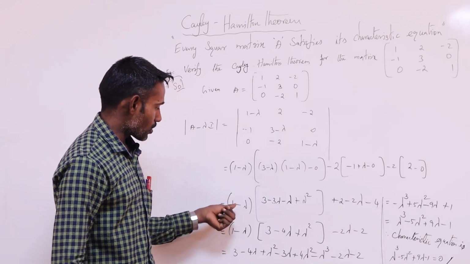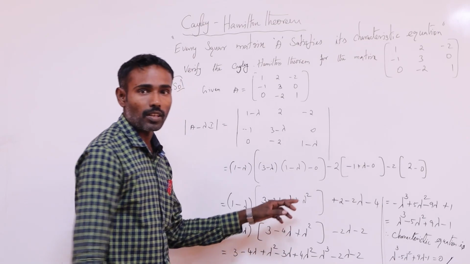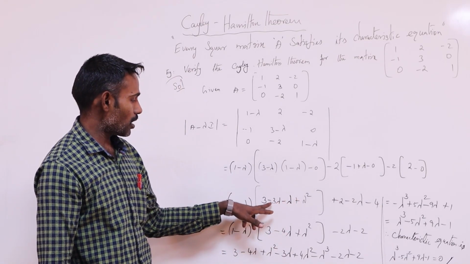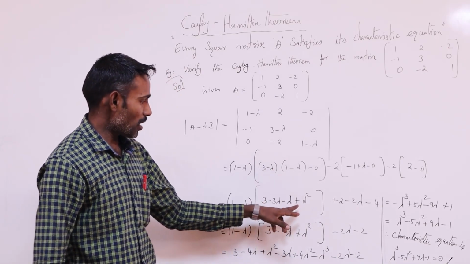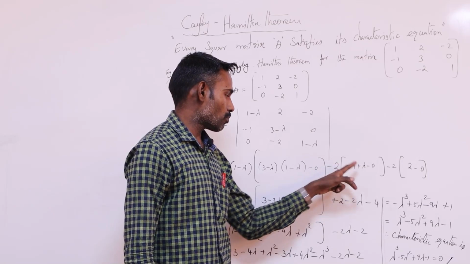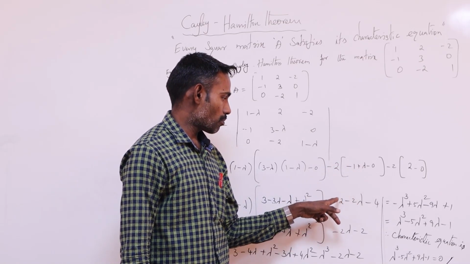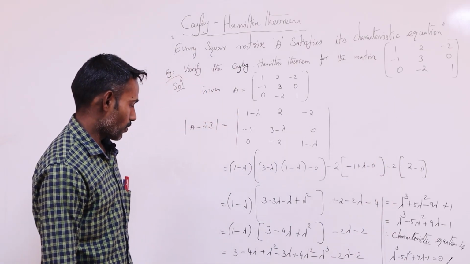Next, 1 minus lambda into 3 minus lambda into 1 minus lambda. We get 3 minus lambda minus lambda plus lambda squared. The remaining terms: multiplying the minus 2, we get plus 2 minus 2 lambda plus minus 4.